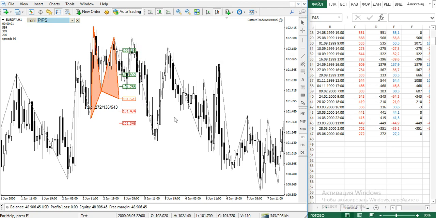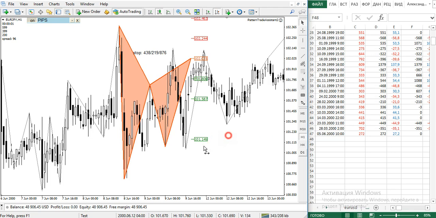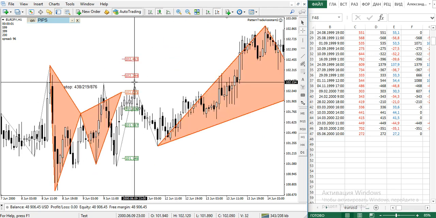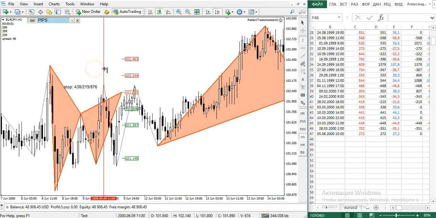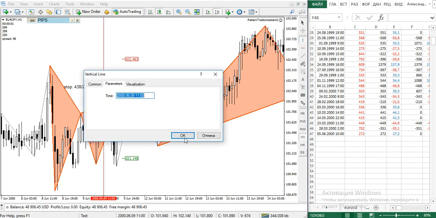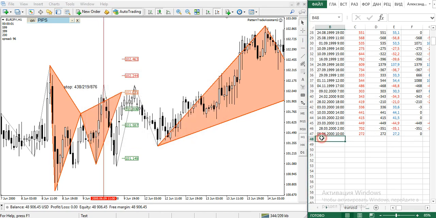Second target is here. Another pattern, pretty obvious winner. Okay, so 43.8, 43.8, and then we hit second target. And the second target is 87.6.